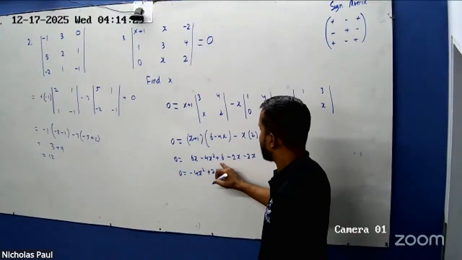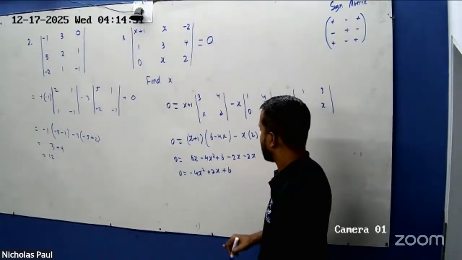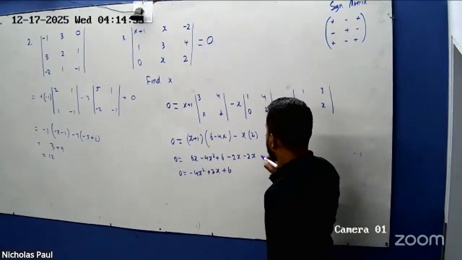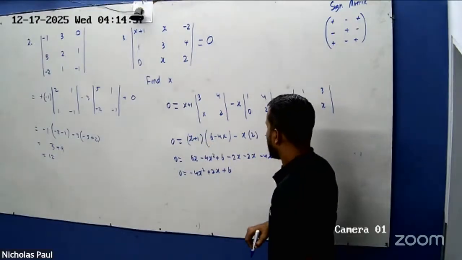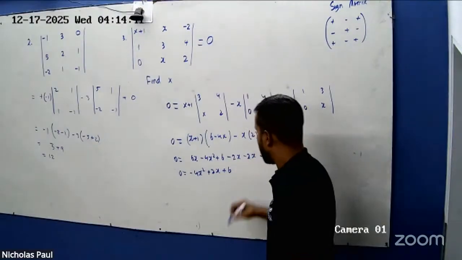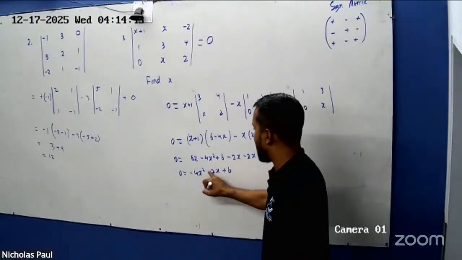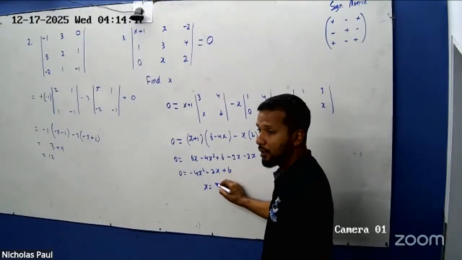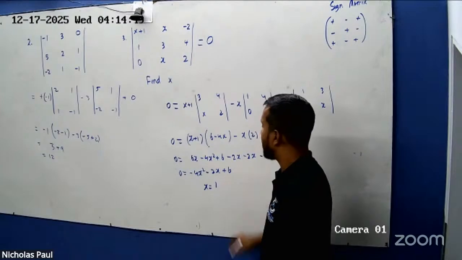I'm missing something from here. Oh, sorry. Minus 4. So that's a minus 8x, so this becomes minus. Yeah. And when you solve it, you got x to be... and 1.